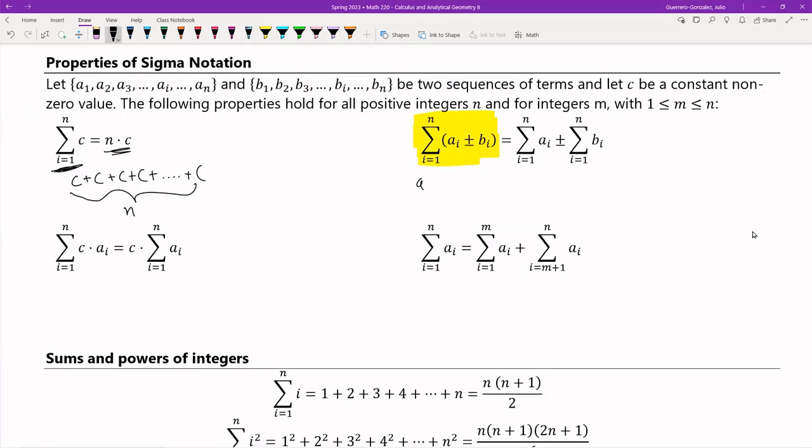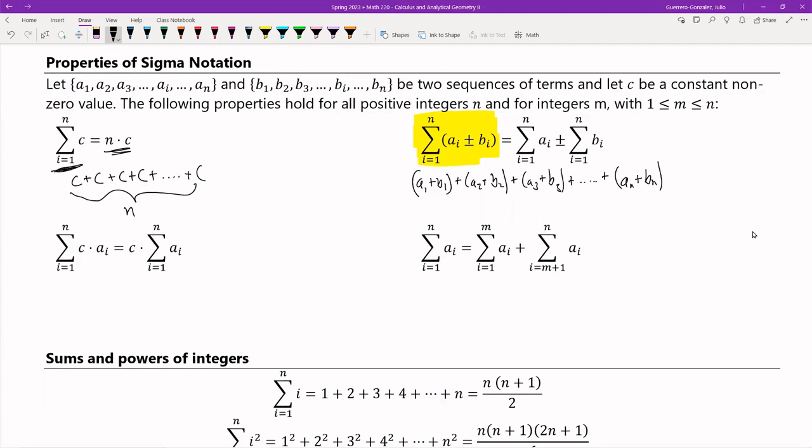So we have a1 plus b1, plus a2 plus b2, plus a3 plus b3, plus dot dot dot, until the very end of the list, a n plus b n.